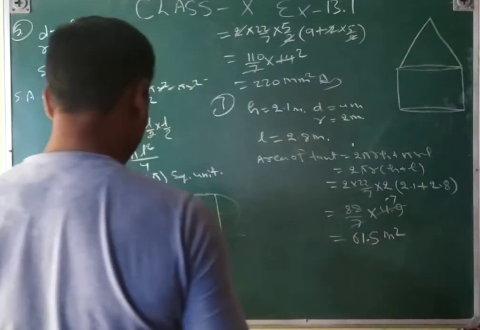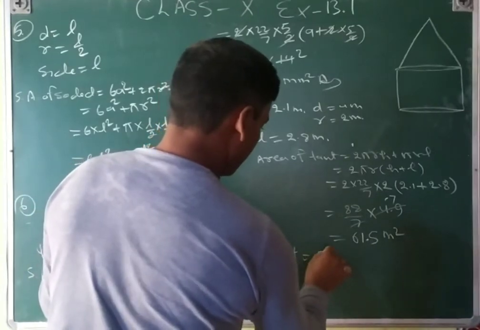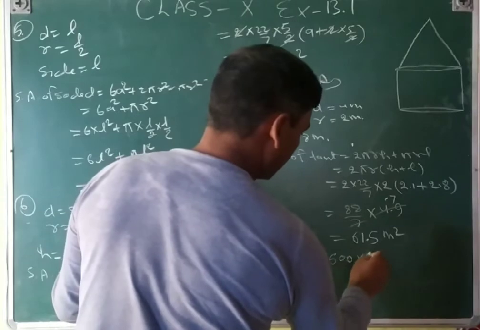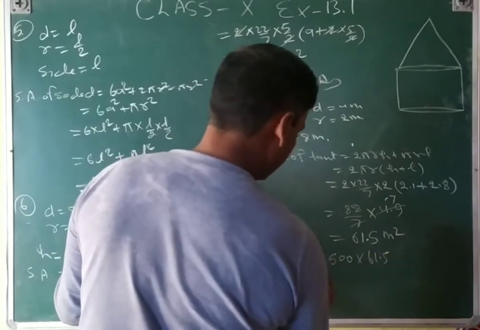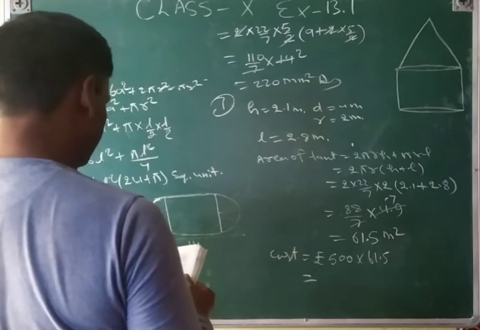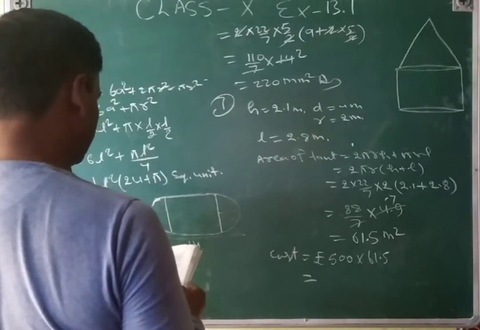And then cost is equal to rate, given here 500 per meter into 61.5. Find the area of canvas to make the tent.